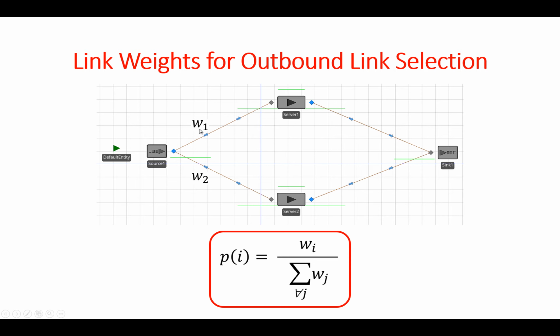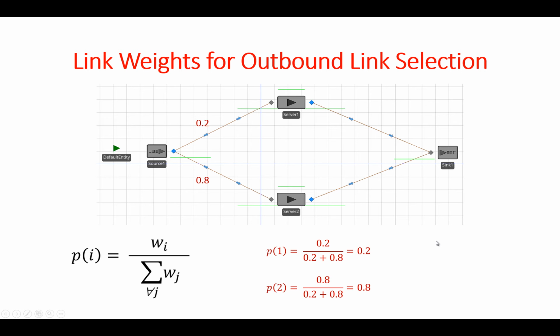So the probability of selecting path 1 is W1 divided by the sum of the selection weights for all of the outbound links. So it'll be W1 divided by W1 plus W2. And similarly for the second path, it will be W2 over W1 plus W2. So this is how Simio determines the probability.